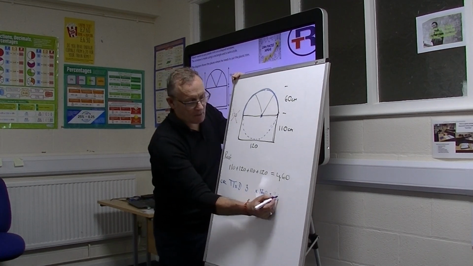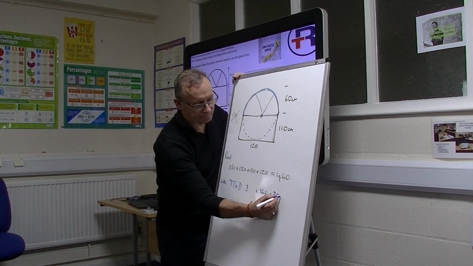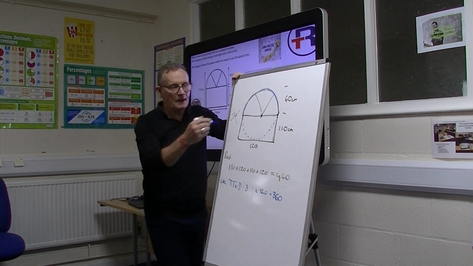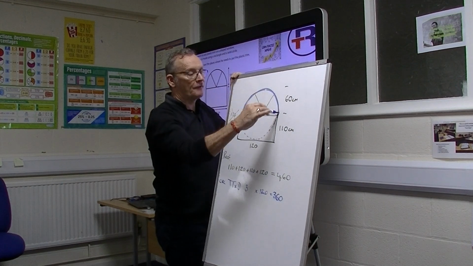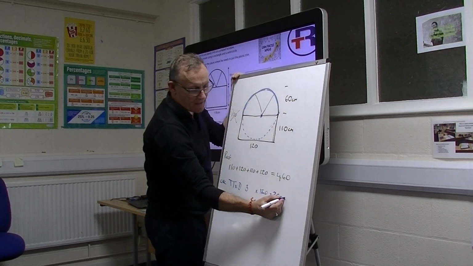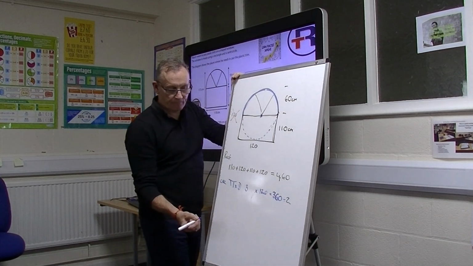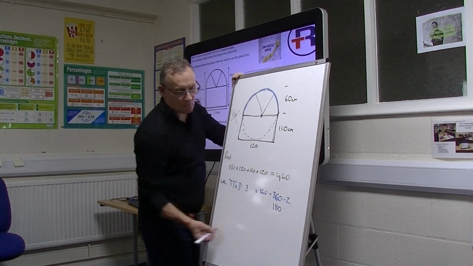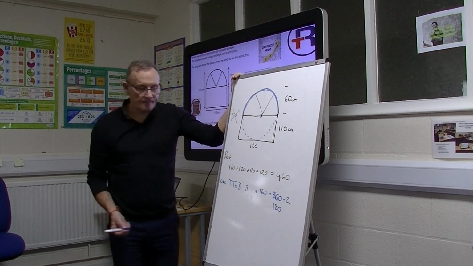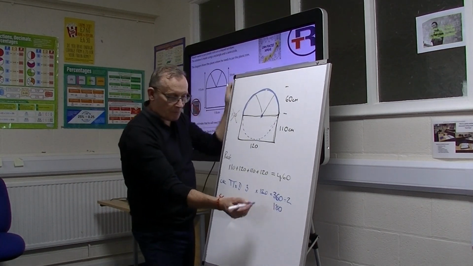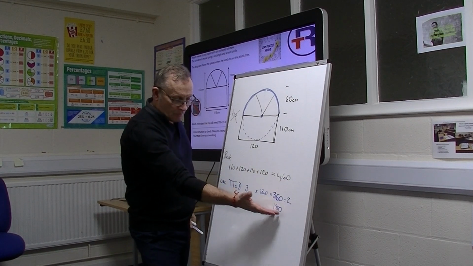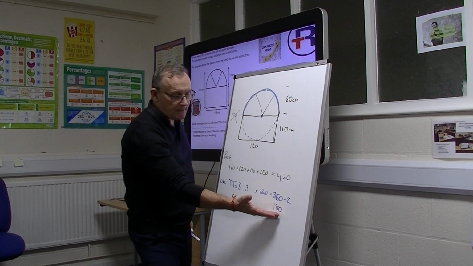And stick the 0 on the end. 360. However, it's only half a circle, so now we have to divide that by 2, which gives us 180. So now what we've got: the rectangle, 460. We've got half a circle, 180.